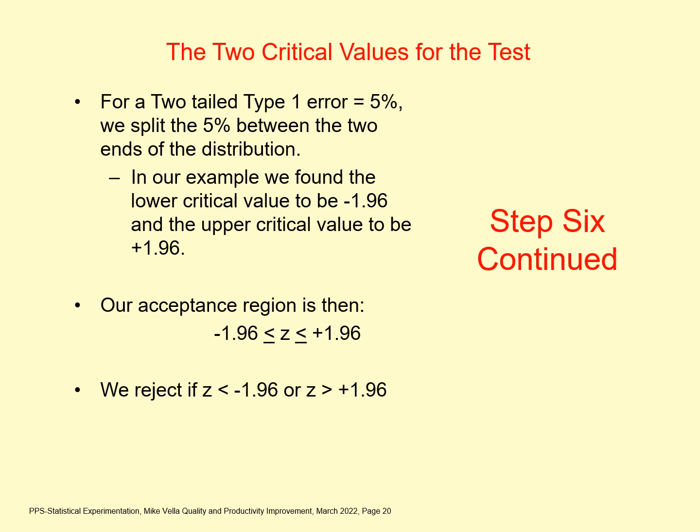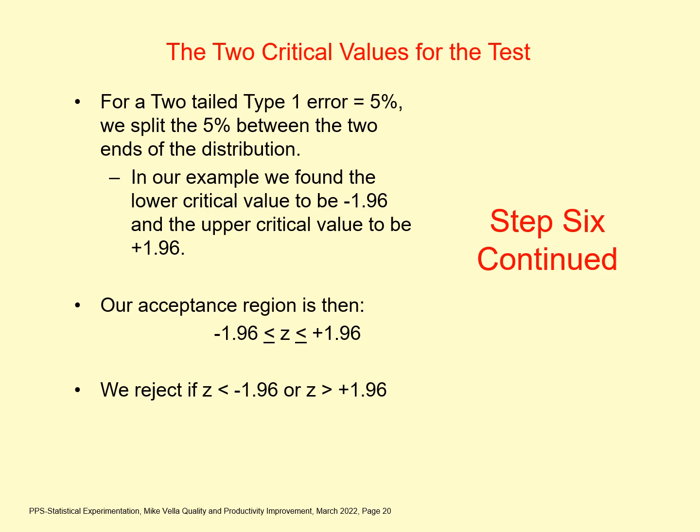So our two critical values for the test for a two-tailed type 1 error of 5%, and as you recall, we split the 5% between the two ends of the distribution. In our example, we found the lower critical value to be minus 1.96 and the upper critical value to be plus 1.96.